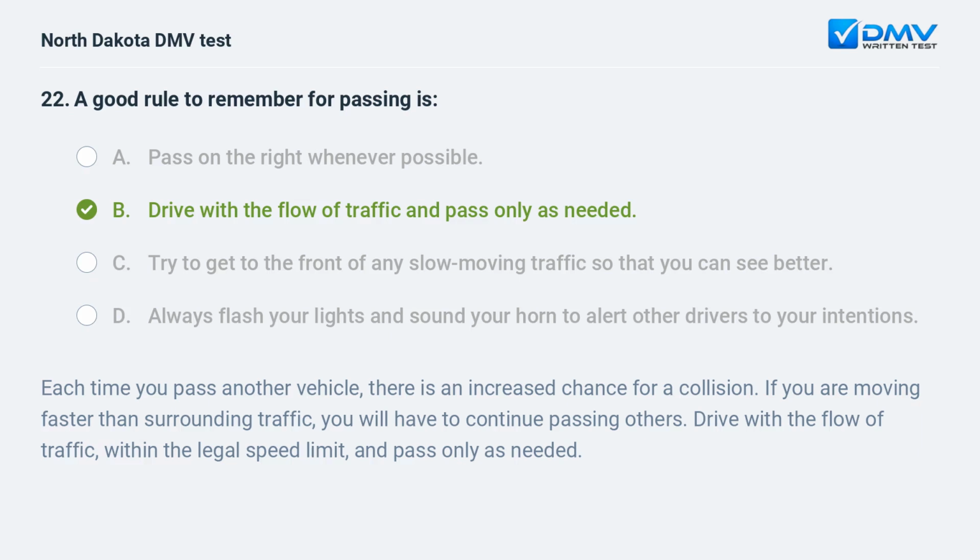B. Drive with the flow of traffic and pass only as needed. Each time you pass another vehicle, there is an increased chance for a collision. If you are moving faster than surrounding traffic, you will have to continue passing others. Drive with the flow of traffic, within the legal speed limit, and pass only as needed.